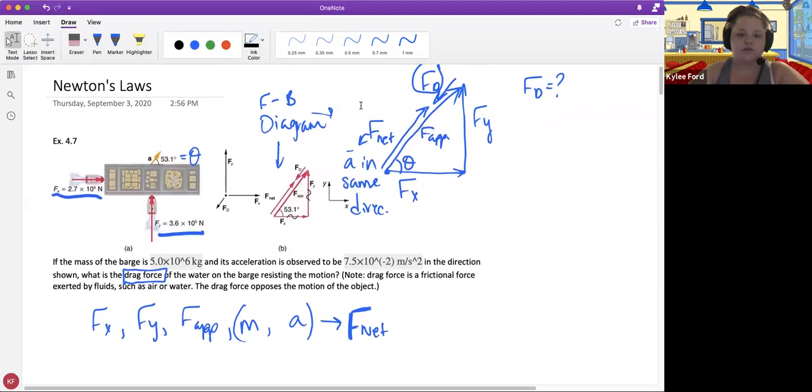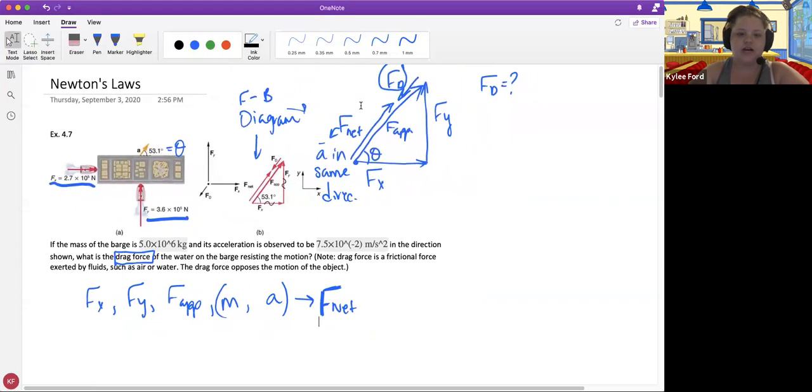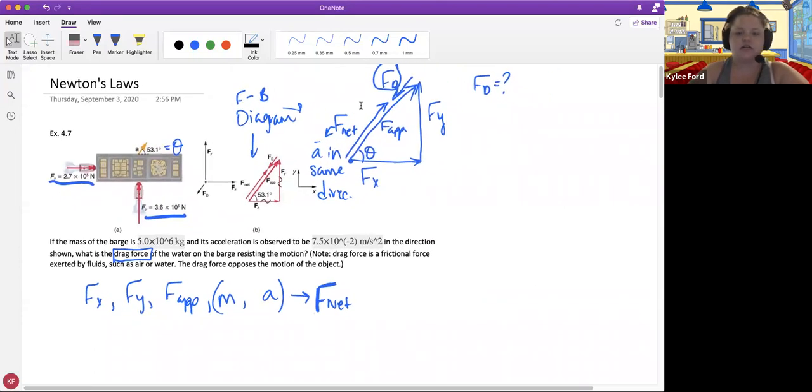Okay, so we can look at our diagram here, and from that diagram, come up with a way to calculate these different things. So our F applied. Remember our Pythagorean theorem, this is just a right triangle.